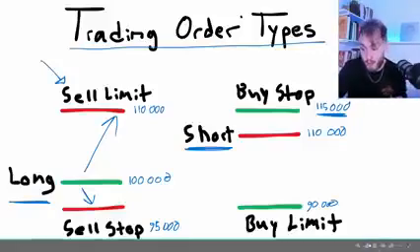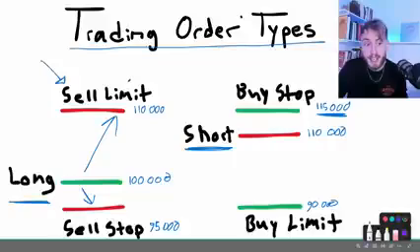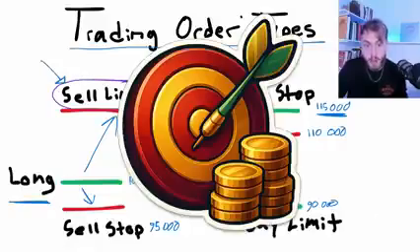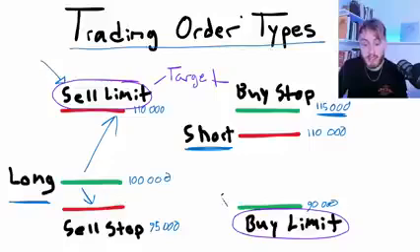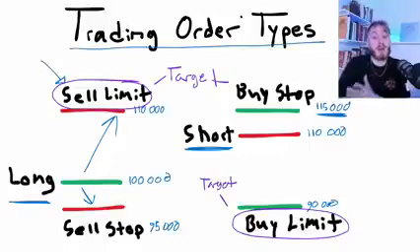So in other words, in both of these cases, you can think about the limit order as a target, right? Because if you buy at 100,000, you can have a target at 110,000. And in the short example, you can also think of this as the target, because you want the price to go down, and if it goes down, you make money.